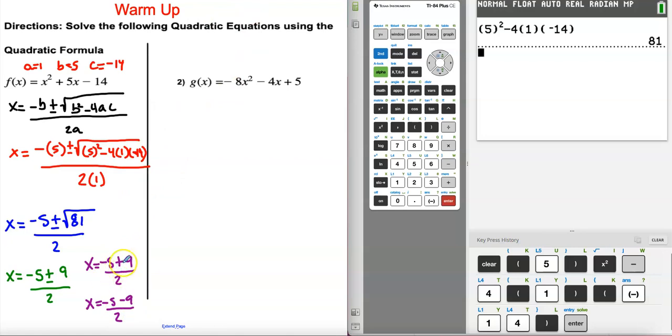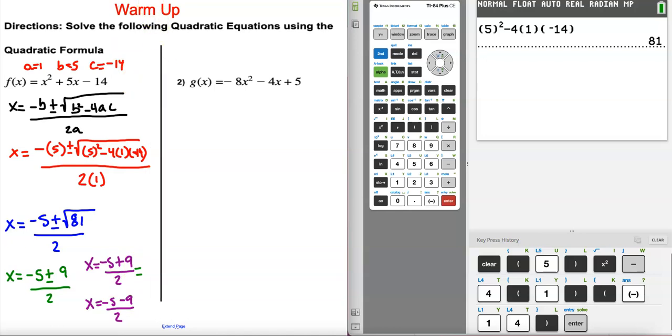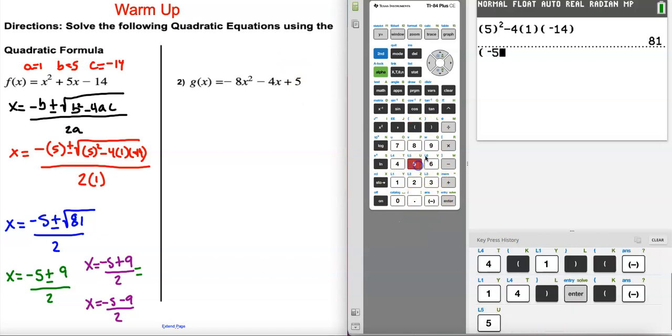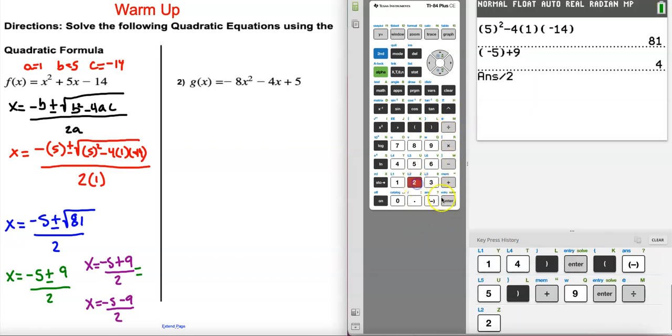When I plug this into the calculator, I put that little equal sign there. Over here I'm going to plug in negative 5 plus 9, which gives me 4, and 4 divided by 2 is just 2.